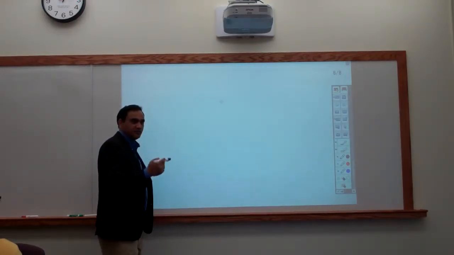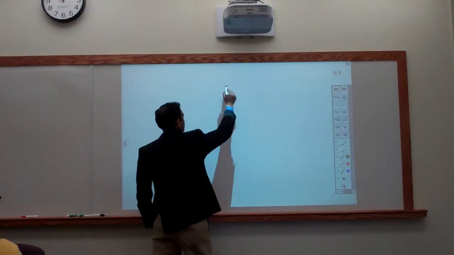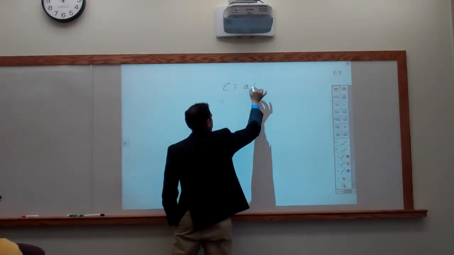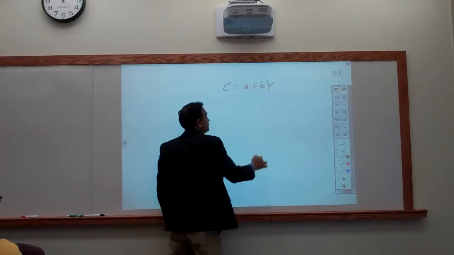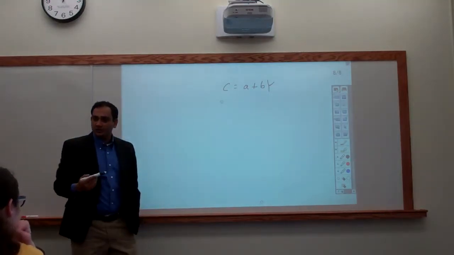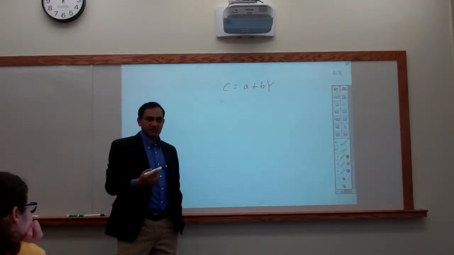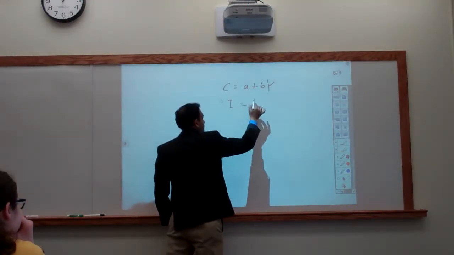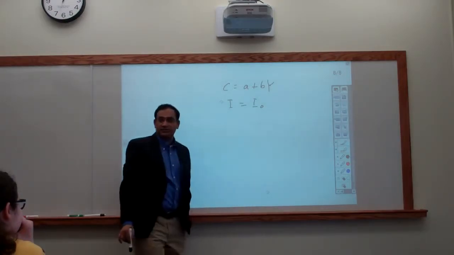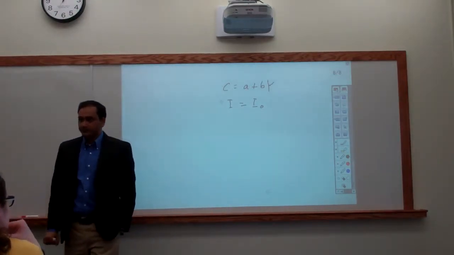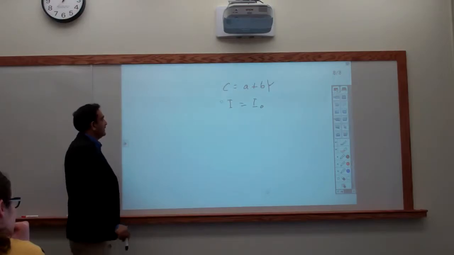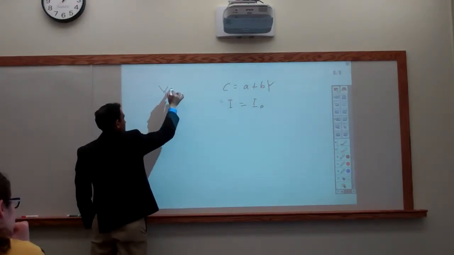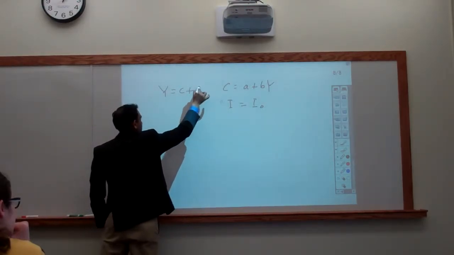Generic form. So if you remember, consumption function is A plus B times Y. A is your autonomous consumption, B is your marginal propensity to consume. And investment is given to you, is a predetermined, exogenously determined variable. And we also know equilibrium condition in the goods market is given by this expression.